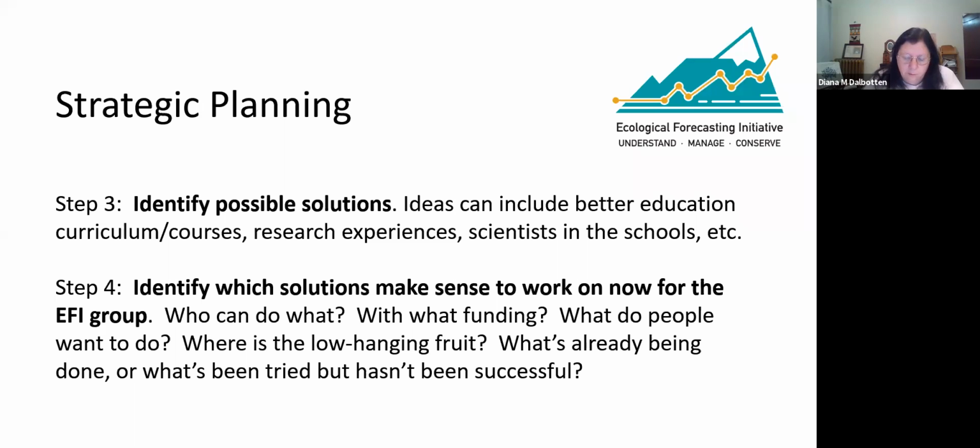We're asking ourselves, what are some of the low-hanging fruit? What are some of the things that we're already doing? Where can we work together, combine our efforts, and make them more effective? We want to know what's working, what's not working, what's being done, what hasn't been tried. We want to sort all these questions out so that as a community, we can work together to figure out what our next steps are.